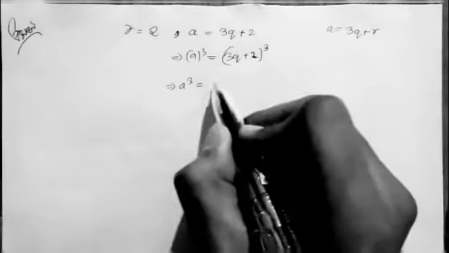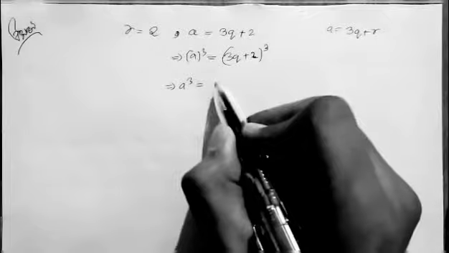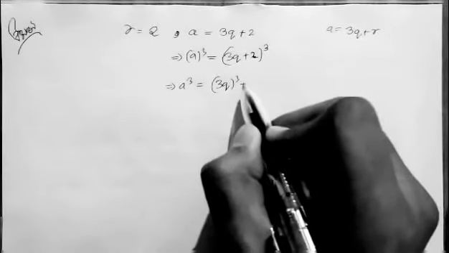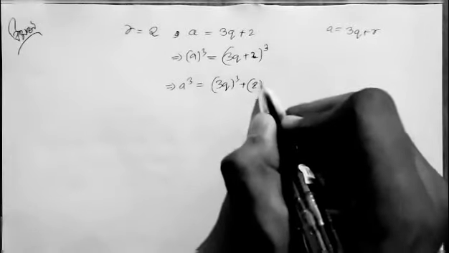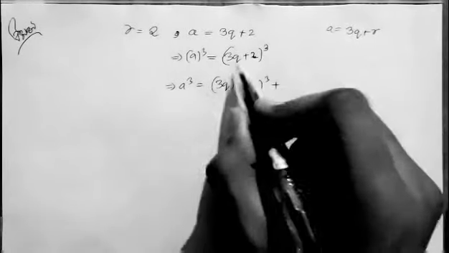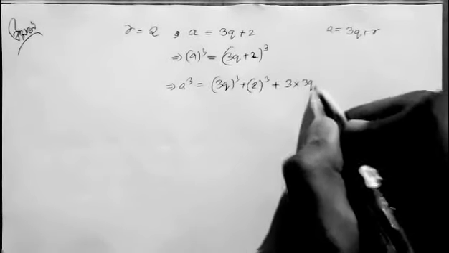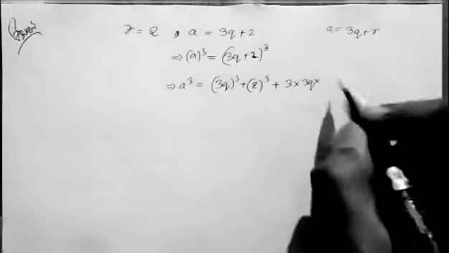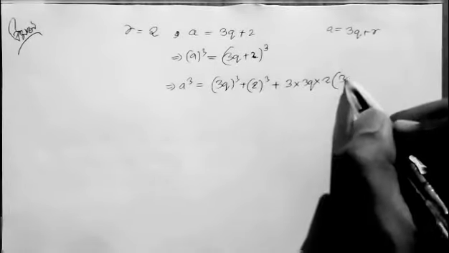a cube is equal to a cube plus b cube plus 3ab into a plus b. First, what is the value of a here? 3q, right? So it is 3q whole cube plus b cube. What is the value of b here? 2, right? So 2 cube plus then 3 into 3q into 2, then a plus b, which is 3q plus 2.